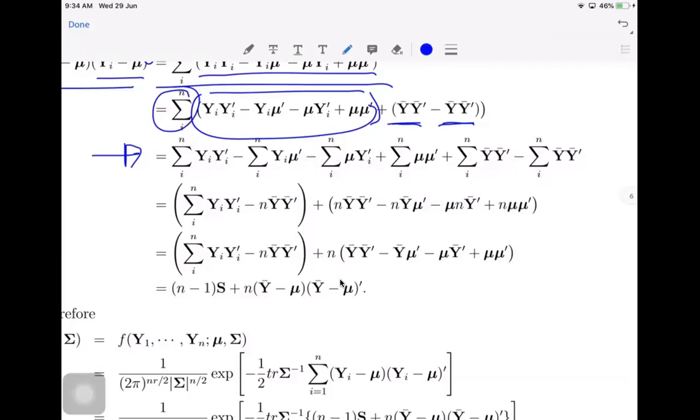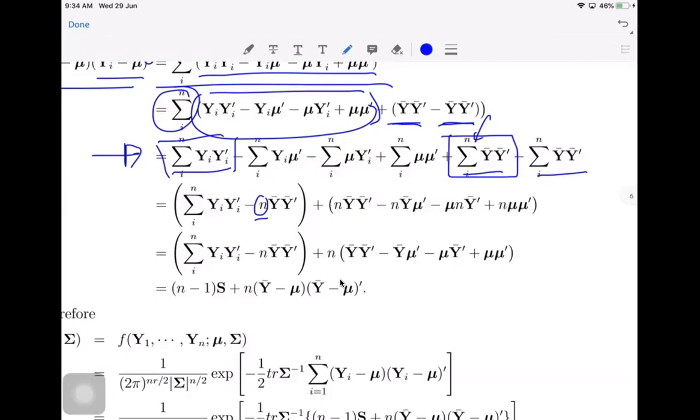After distributing, this is a constant with respect to the summation sign, so you join this with this. Applying the summation to a constant, you will have n.